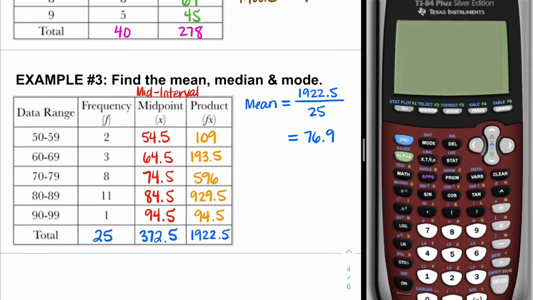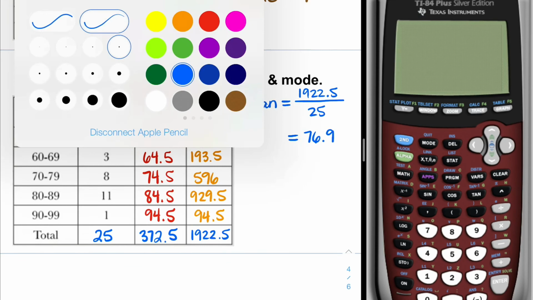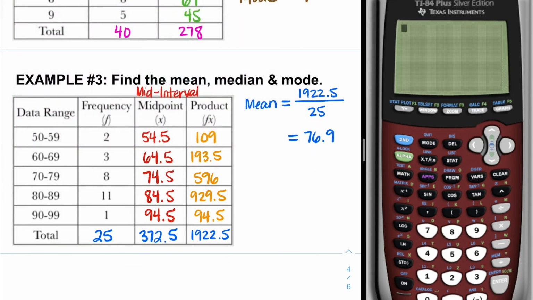The next thing that we want to do is find the median. And remember, for the median we're crossing out the frequency. So if I cross out 1 here, I'm going to cross out 1 from the other side. It leaves me with 1. If I cross out this one, that's going to make that 10.